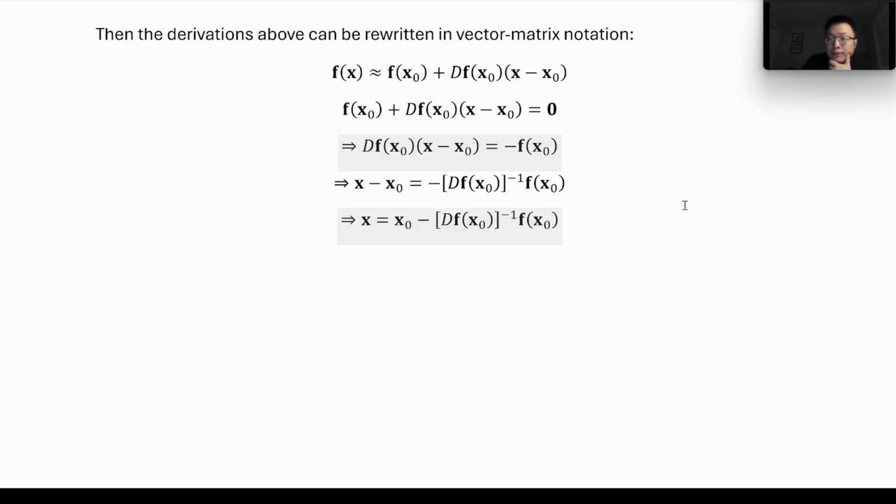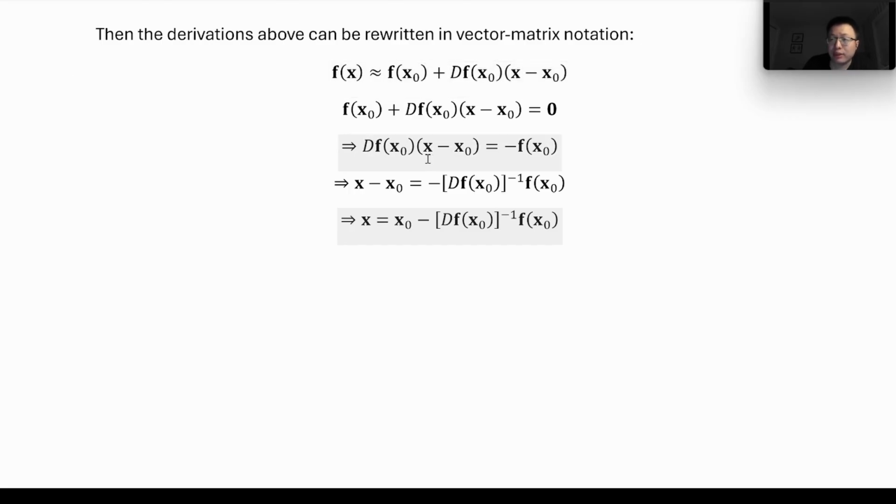And this is the derivation we just did. First, we make a linear approximation of the nonlinear function f of x. So that's f of x is approximately f of x0 plus df of x0 times x minus x0. The linear term I'm highlighting right now is a vector matrix multiplication. And then we set the right-hand side to be 0.